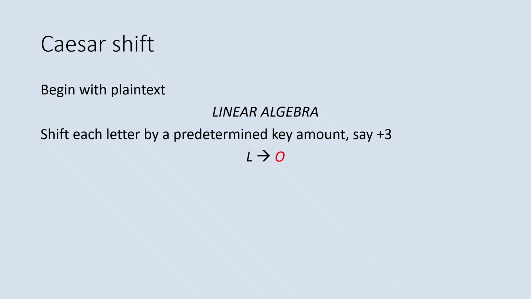And so in this case, the L is going to be shifted 3 letters later, M and O, so L becomes O. And then we go through all of the other letters. So for the linear part of our message, we see each letter just gets shifted to a letter that's 3 letters later.